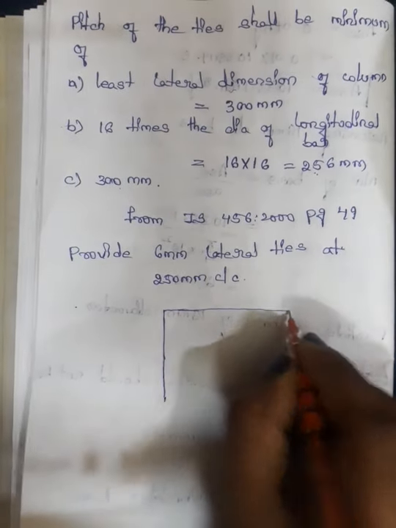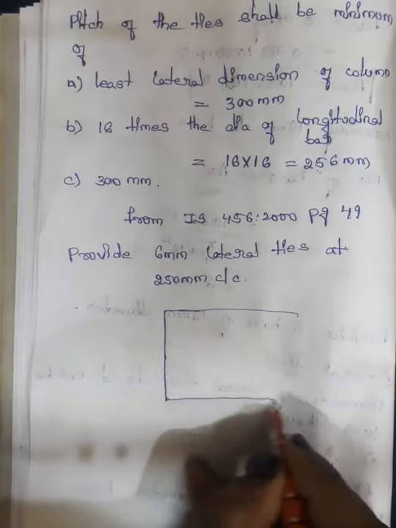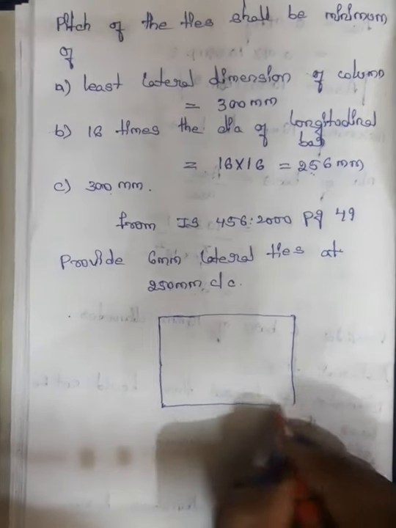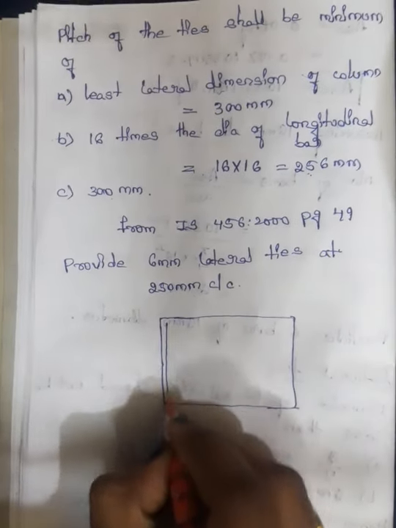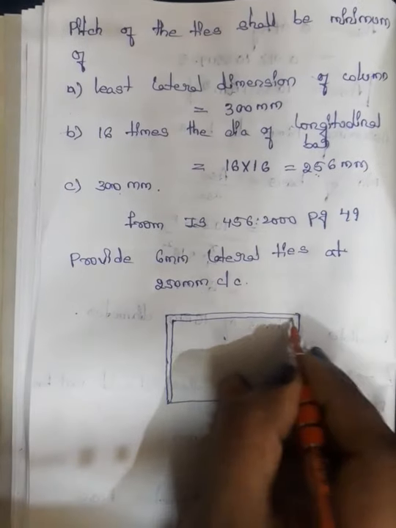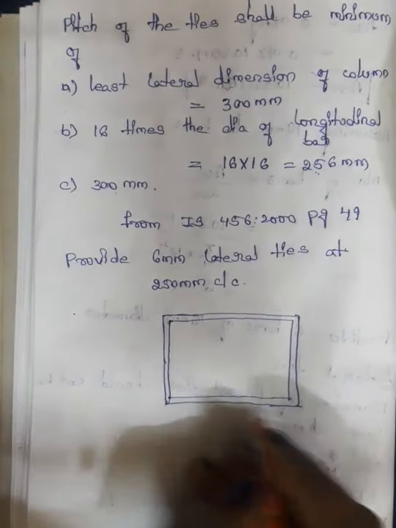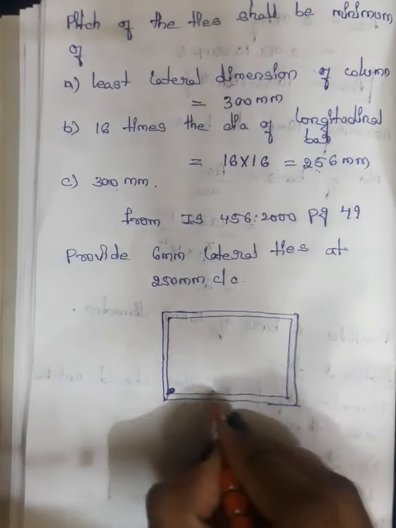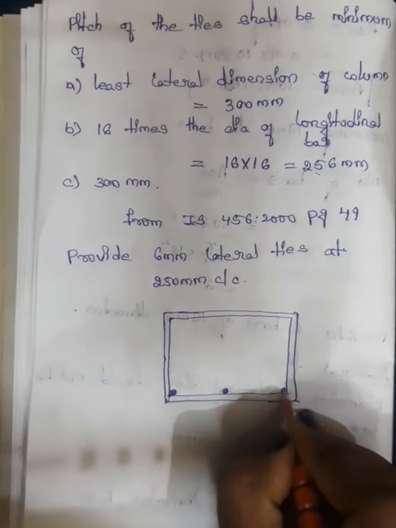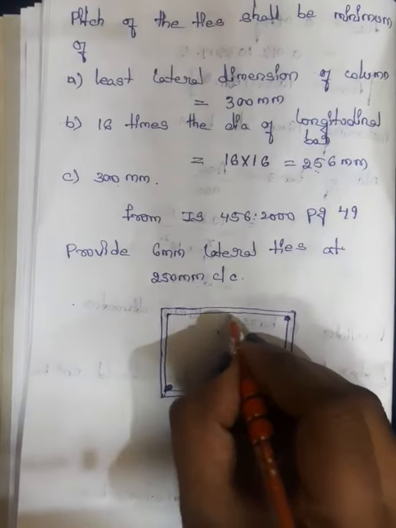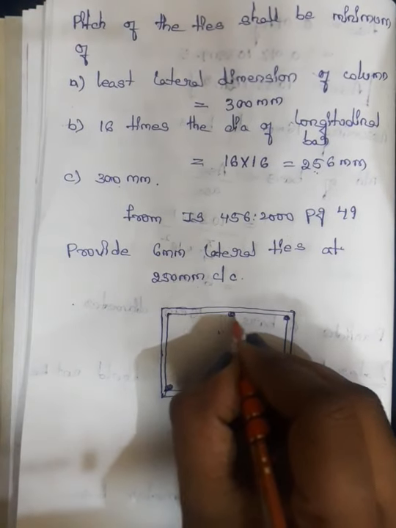So it is 300 by 350. How many number of bars? We have got 6 number of bars. What is the diameter of the bar? It is 16.